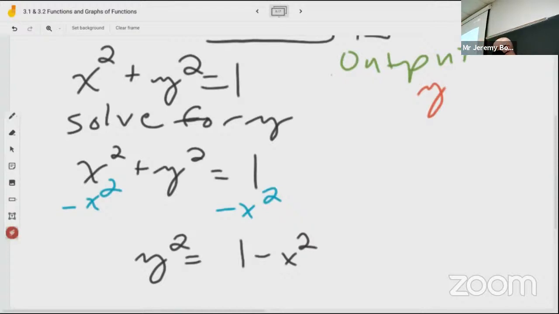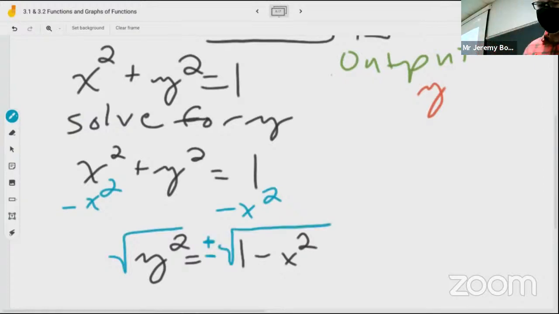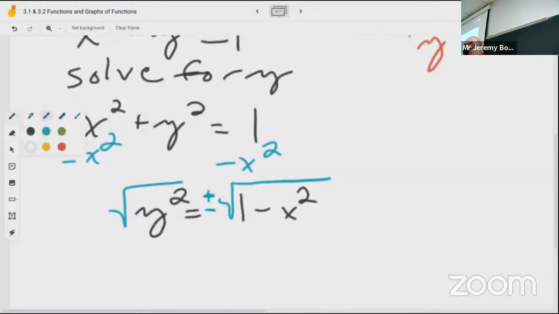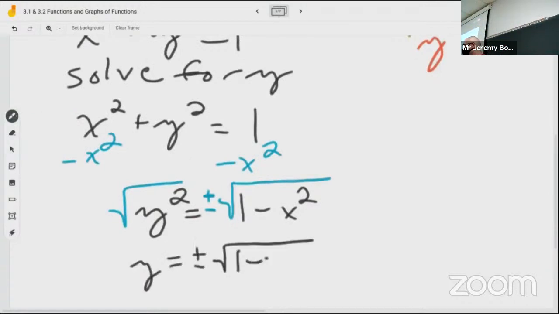Well, if you have the variable squared on one side and you have some other term on the other side, take the square root of both sides. The only thing is the side that's opposite the variable you're solving for can be plus or minus. And so what we end up with is y is equal to plus or minus the square root of 1 minus x squared.